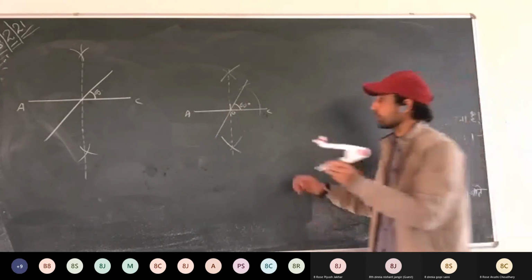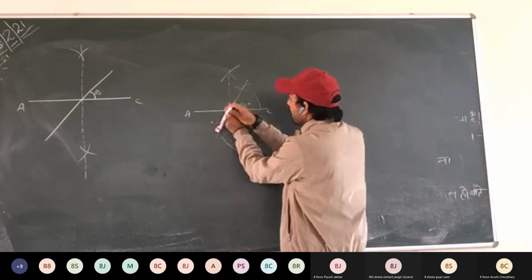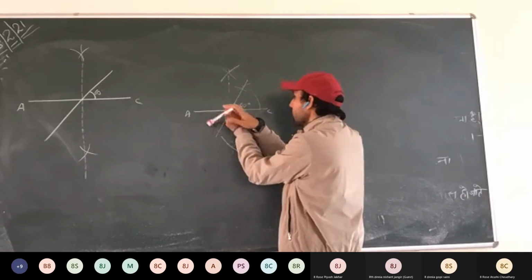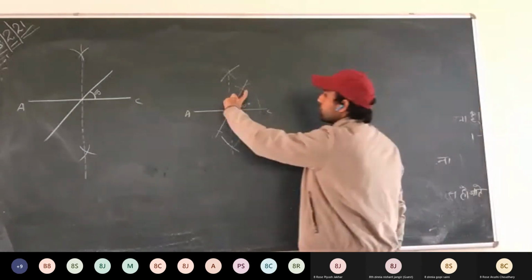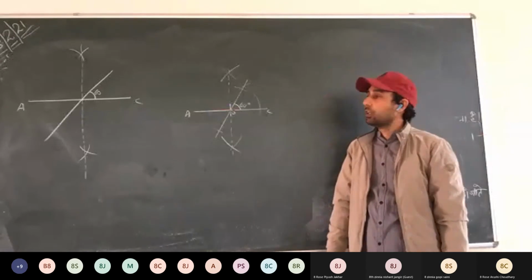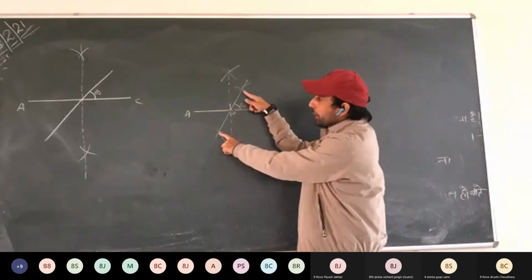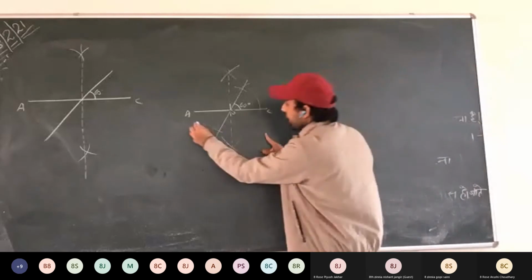So take a radius of 2 centimeters. Make an arc. Make arcs on both sides. 2 centimeters, 2 centimeters, so a total of 4 centimeters we got. So which points did we get?